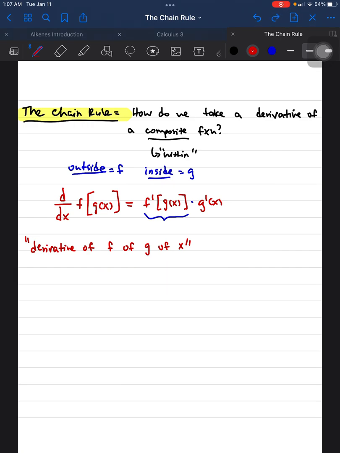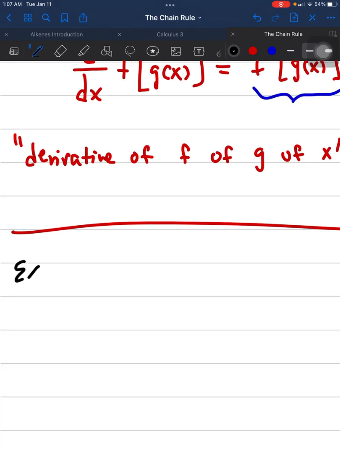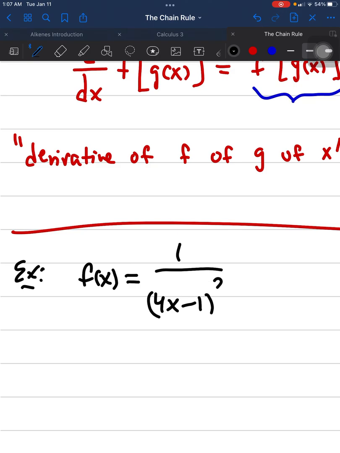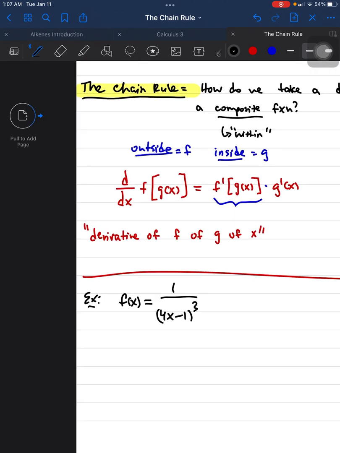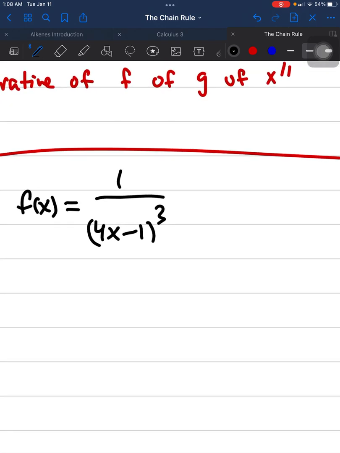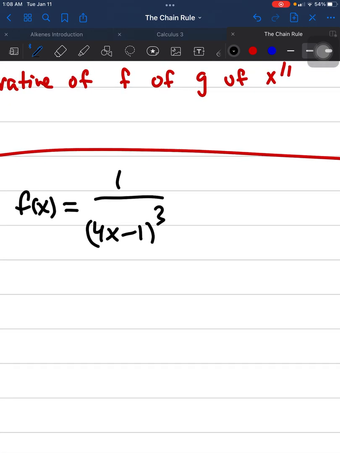So a quick example of this rule, the chain rule, is this. So let's say we have function f of x is equal to 1 over 4x minus 1 cubed, right? Now you see that we have a function within a function right here.